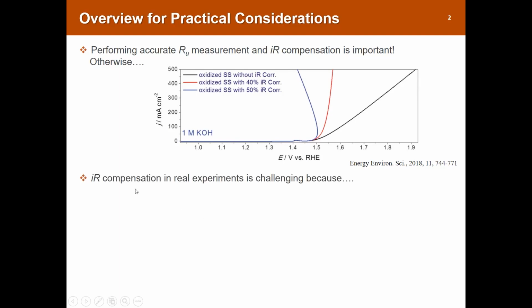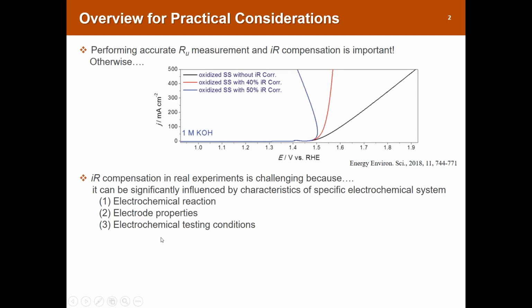But IR compensation in real experiments is really challenging because it is influenced by the characteristics of an electrochemical system. Depending on what kind of electrochemical reaction we are interested in, like the battery reaction, redox reaction, or different electrocatalysis like water splitting reaction, CO2 reduction reaction, we have a totally different meaning of the RU.